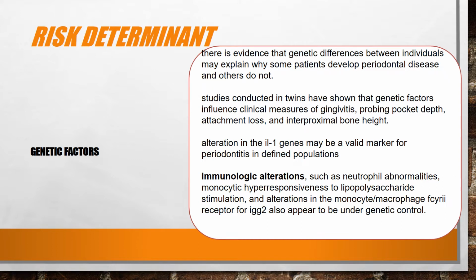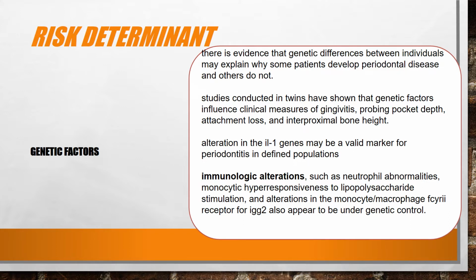They have shown that genetic factors could influence some of the clinical parameters of periodontitis, that is, clinical measures of gingivitis, probing depth, attachment loss, and proximal bone height. An alteration of the interleukin 1 genes may be a valid marker for periodontitis in defined populations.